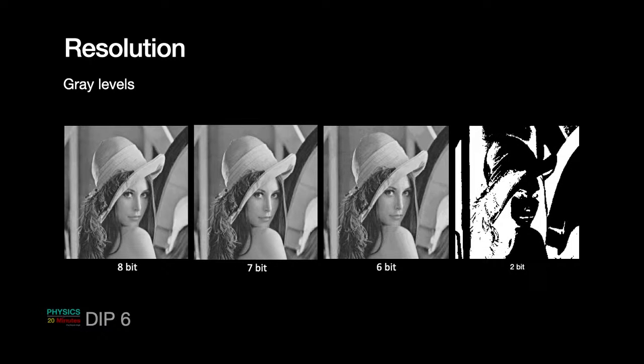So look at this. I have 4 images here of a woman. You can see that at 8-bit, there is not much discoloration or anything. But the moment you go to a reduced number of bits, you will find that discoloration happens.